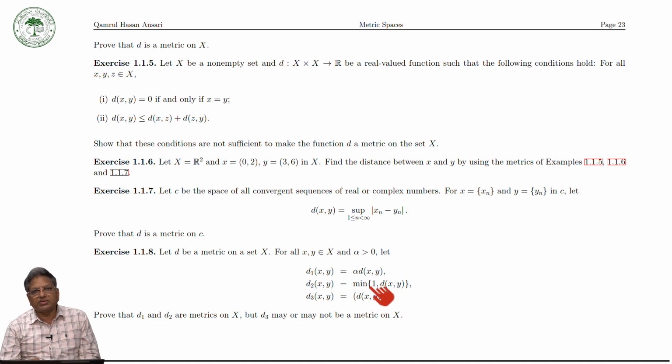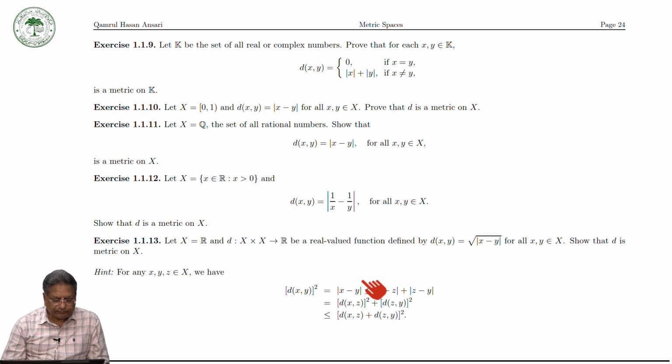Because a plus b whole square is not equal to a square plus b square. So the third property, the triangular inequality, does not hold for this function. The other properties hold: first, second, symmetric, all the properties hold except the third one. So the third one does not hold, and therefore this is not a metric.